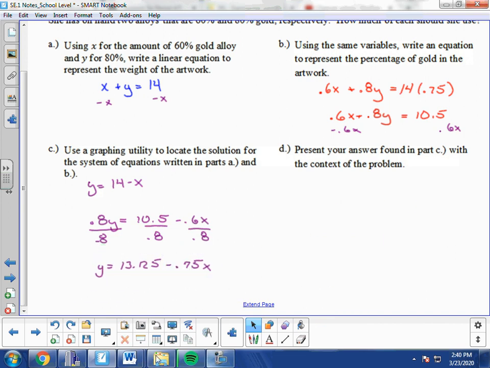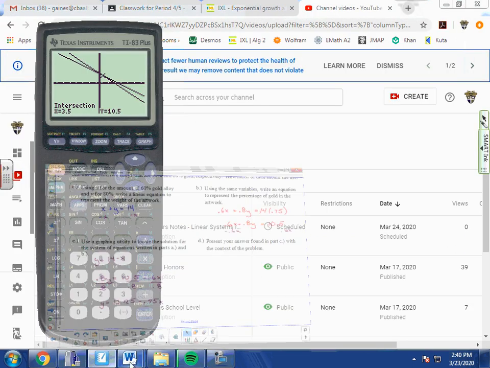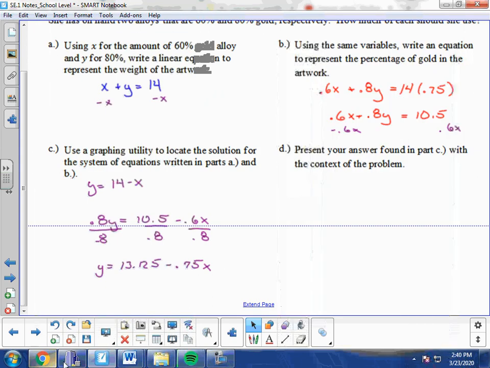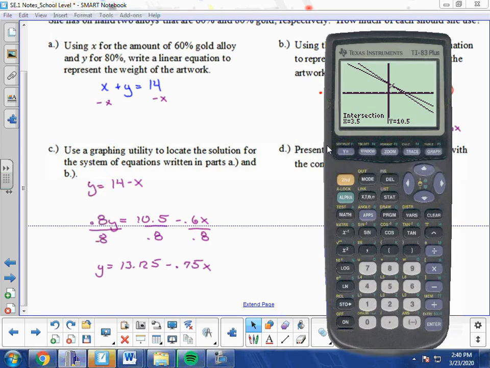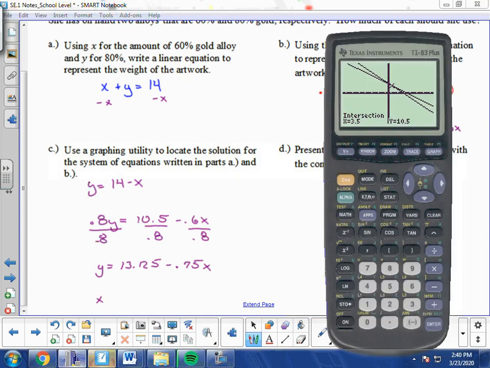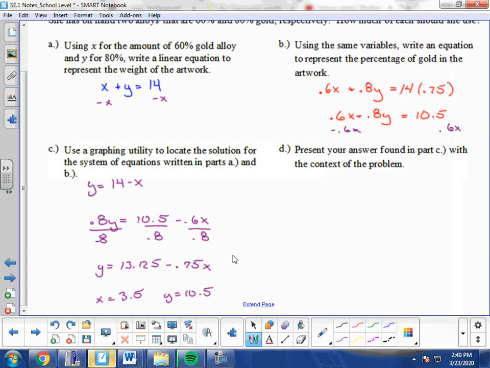So I graph those two equations. I find their intersection point on the graphing calculator, and now I have my solution. So x equals 3.5 and y equals 10.5. So those are my two solutions graphically.